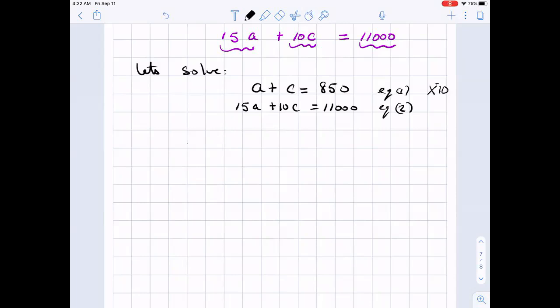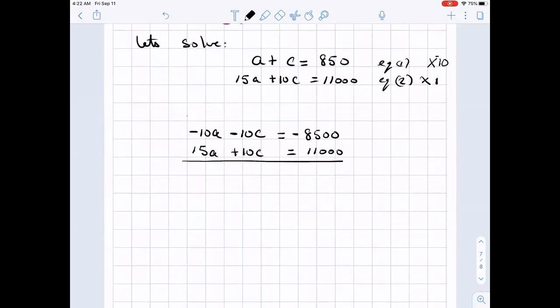So if we do that, we have -10A minus 10C is equal to minus 8500. The second equation, we can just multiply by 1 because we're not changing anything. So 15A plus 10C is equal to 11,000.